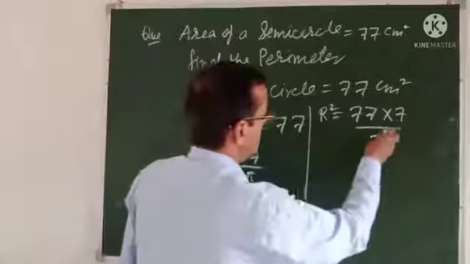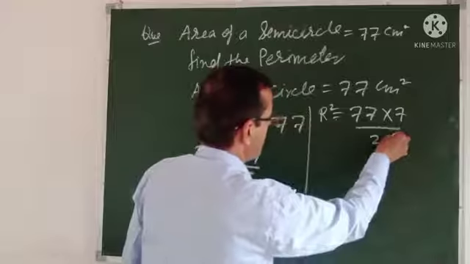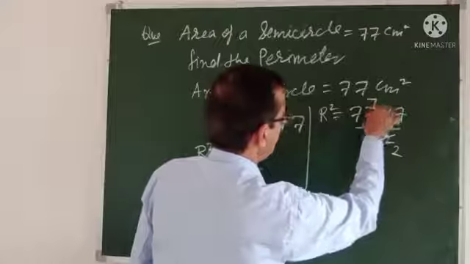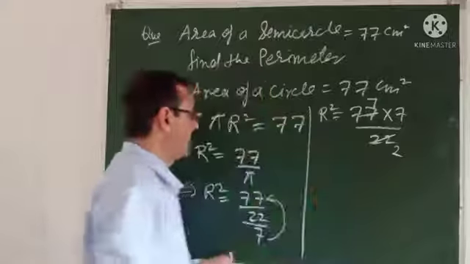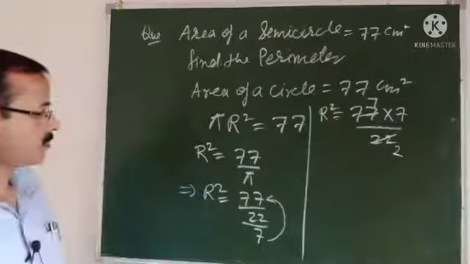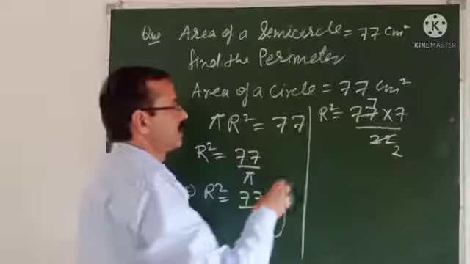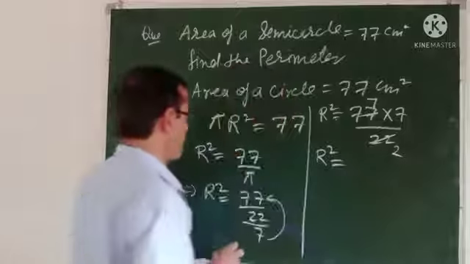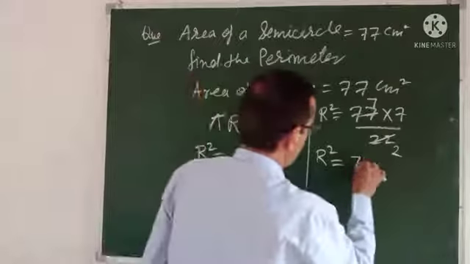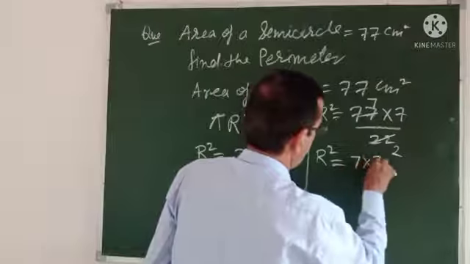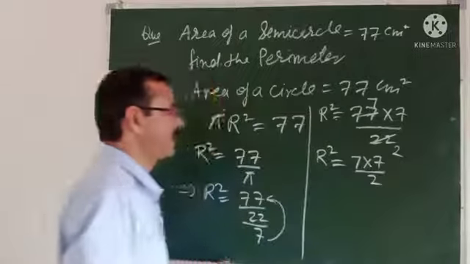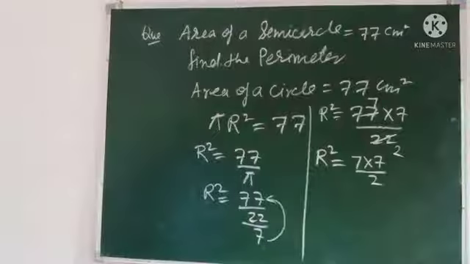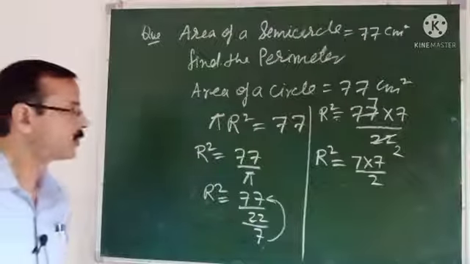Now this can be cancelled, how? 11 twos are 22 and 11 sevens are 77. So r square will be equal to 7 into 7 upon 2.